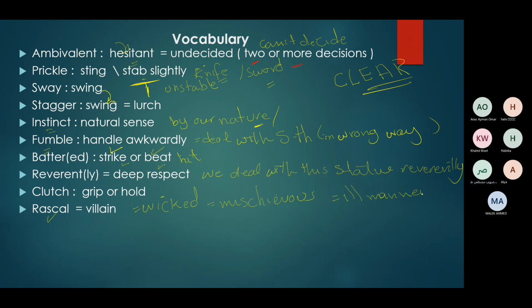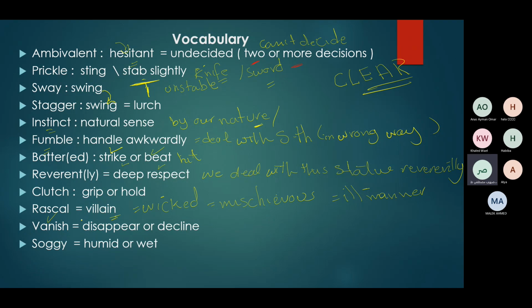Ill-mannered means he deals with people with rude behavior. So he is a villain or rascal. Vanish means to disappear. Soggy means humid or wet.